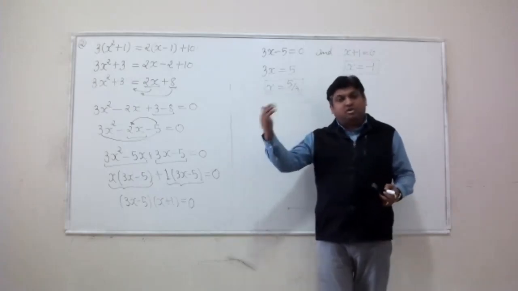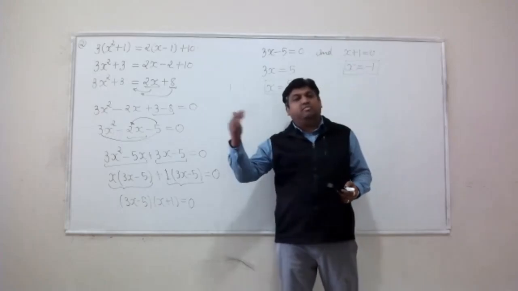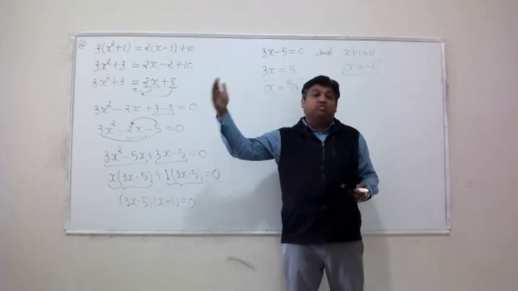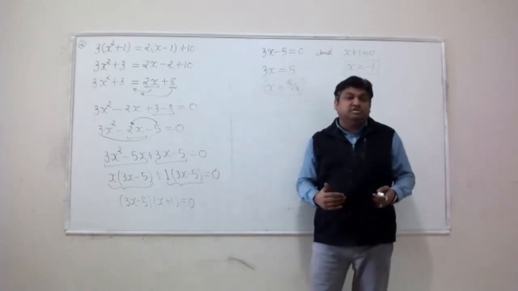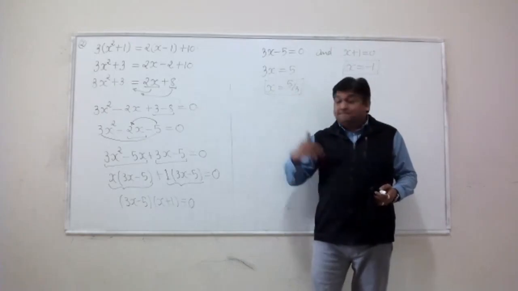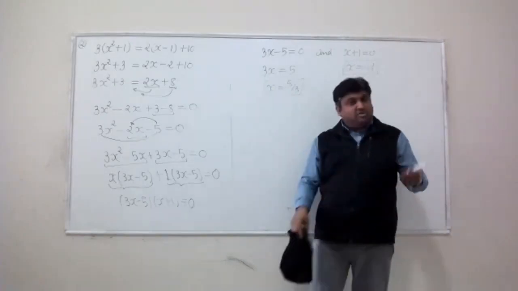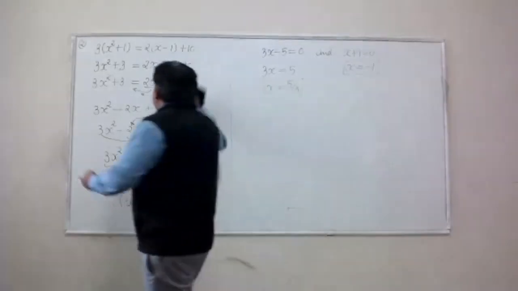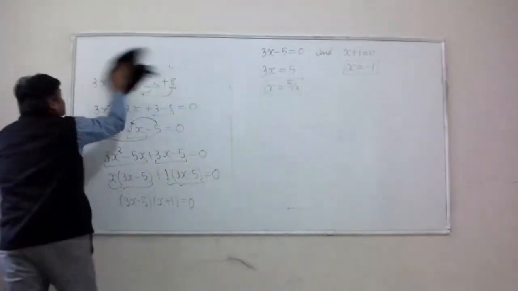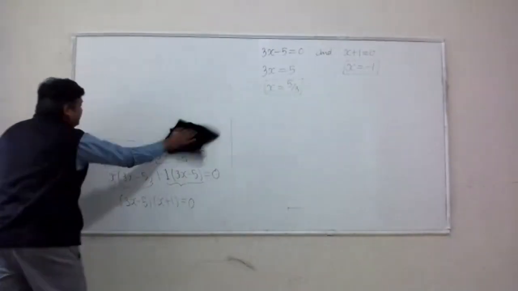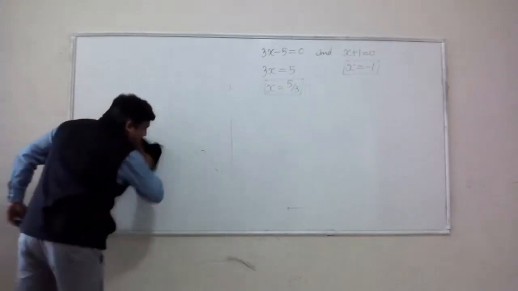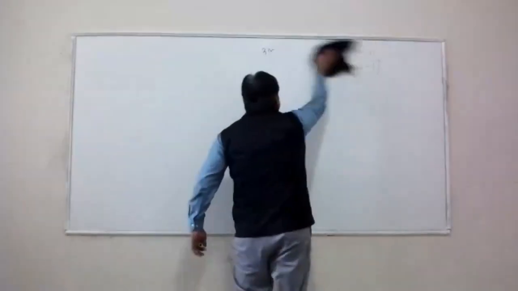And I mentioned that on your paper homework assignment, we put one question where you have one fake solution and one good solution. I would like to show you in today's lecture the example where we have one good solution and one fake solution. So let's try this problem.